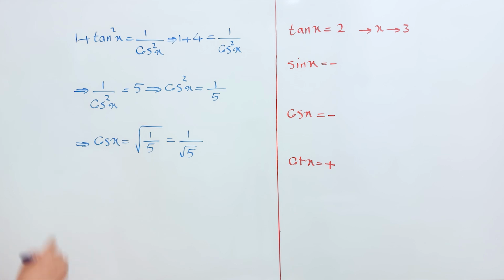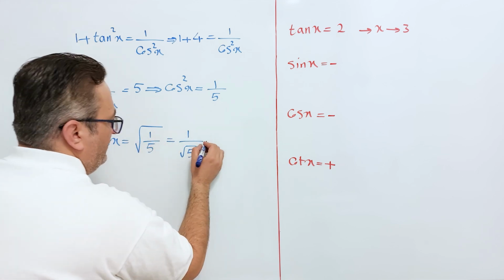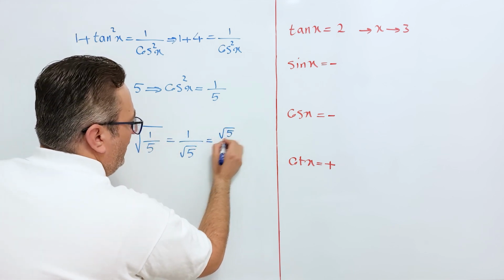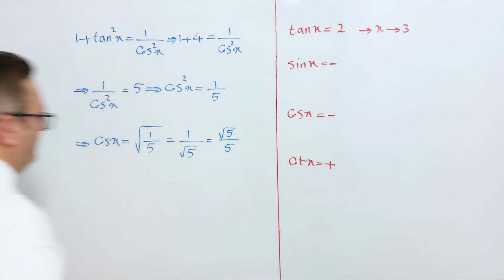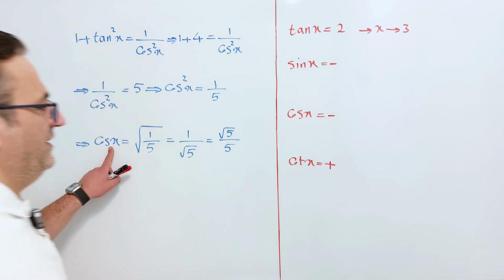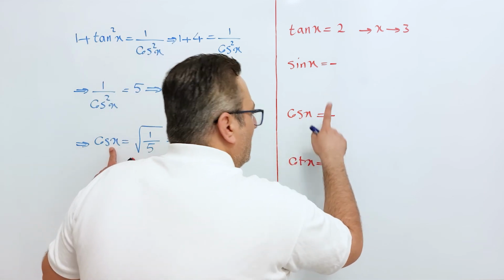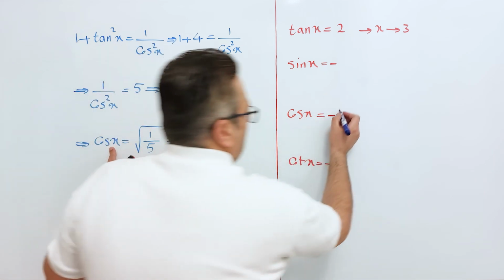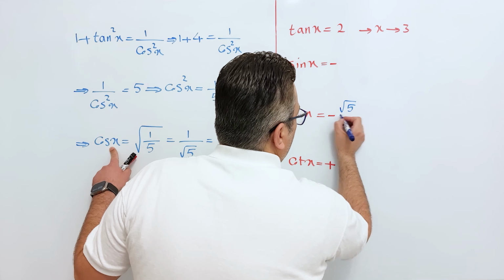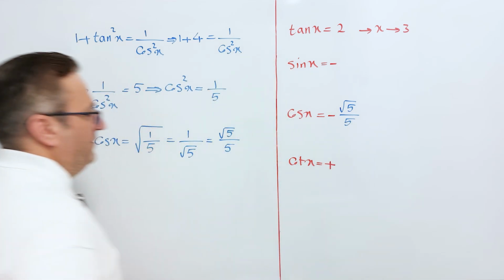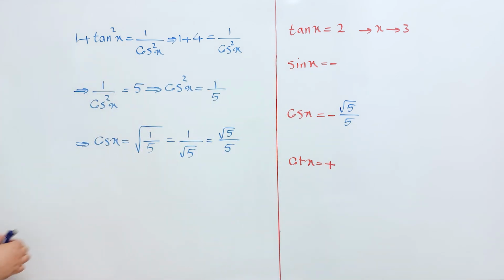So if we rationalize this fraction, we have the square root of 5 divided by 5. So cosine x is equal to negative the square root of 5 divided by 5.